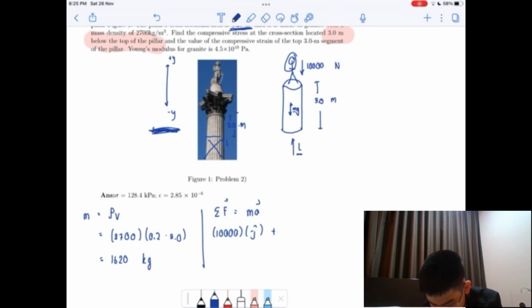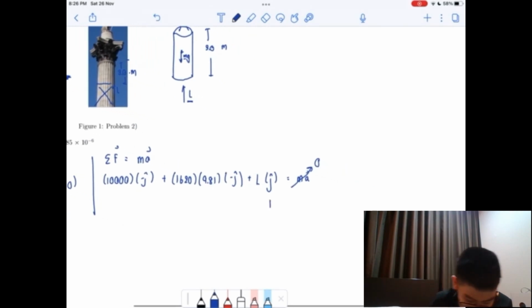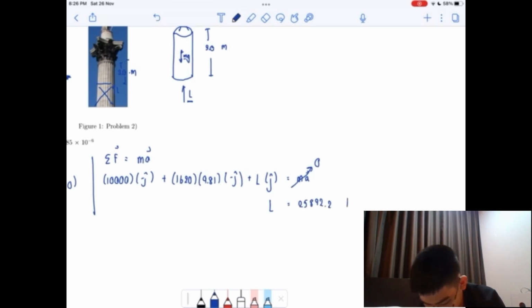So M equals this, g equals 9.81, and the direction and internal load L. But since it is static, this whole thing is not moving, so A equals 0, so we are going to disregard that. So we can get L equals, using a calculator, this number in newtons.